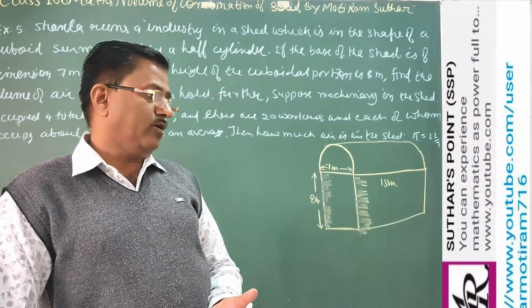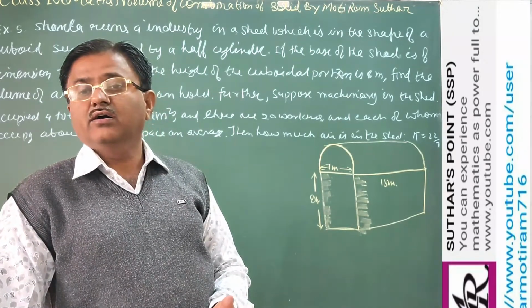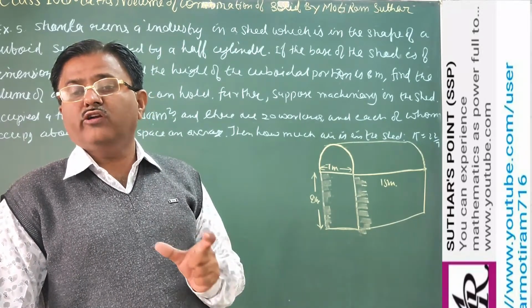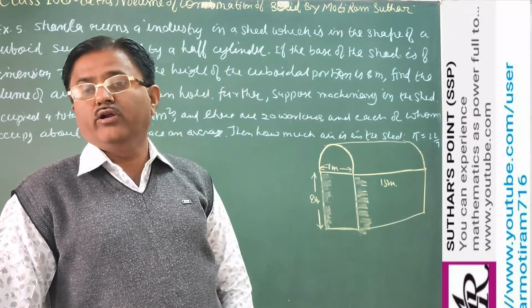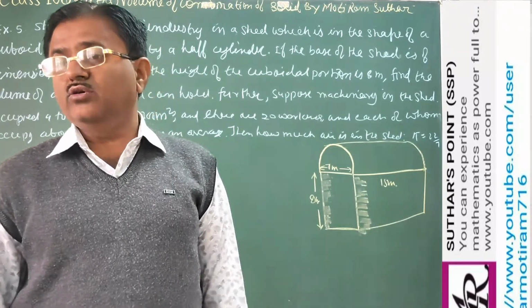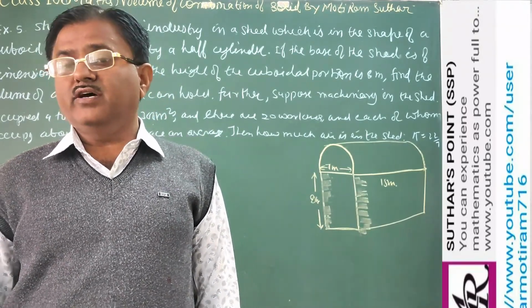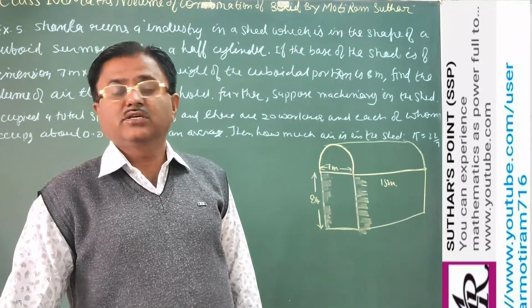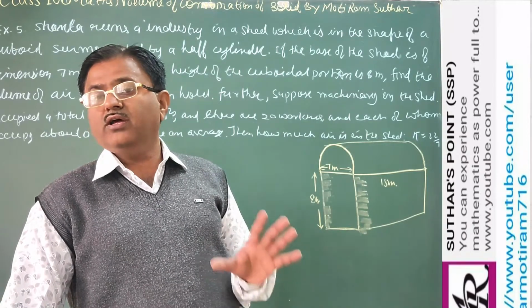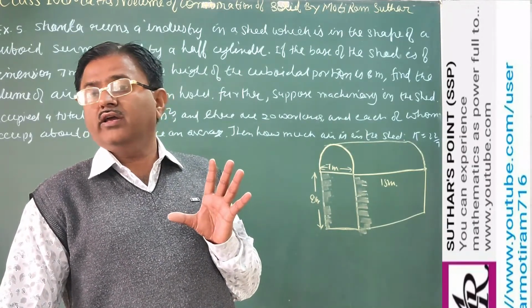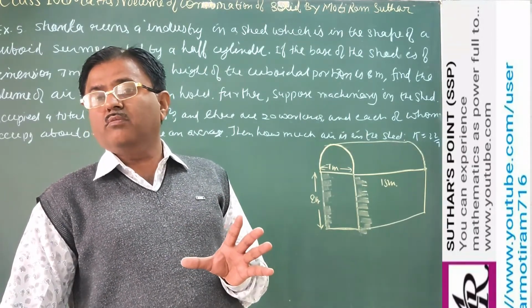With the help of the formula, we find the volume of each solid figure separately, then add. That will be the required volume. Clear? There is no doubt about the common region, or which part should be excluded or included. That is no problem.